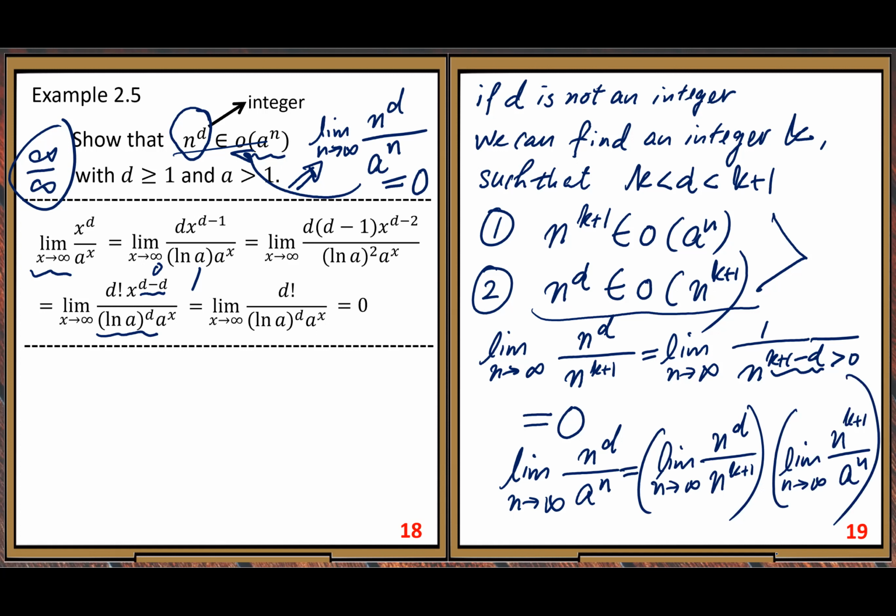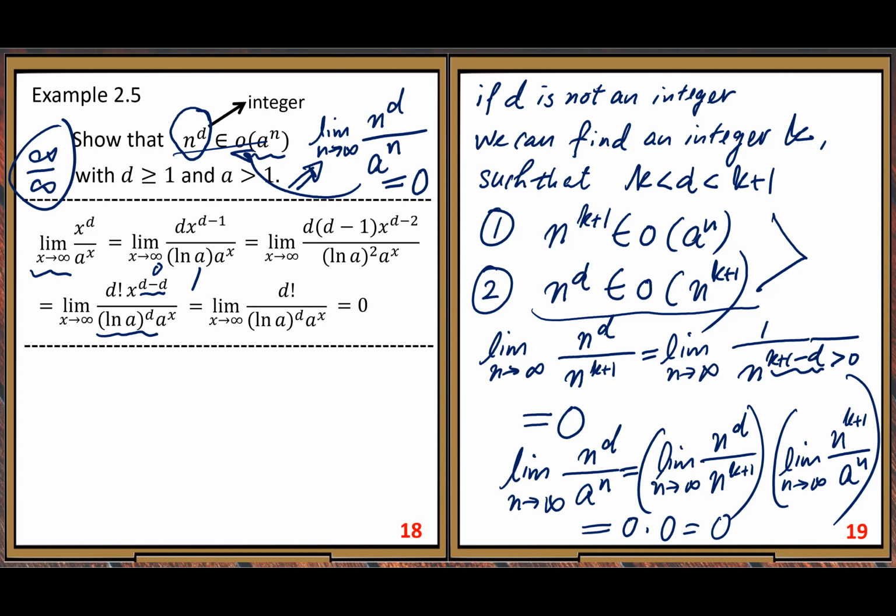The product of these two limits. We know both limits are 0. 0 times 0 equals 0, right? So by calculating this limit, we prove it.